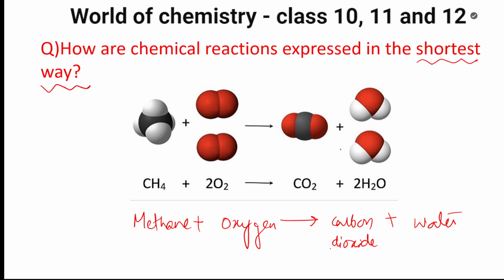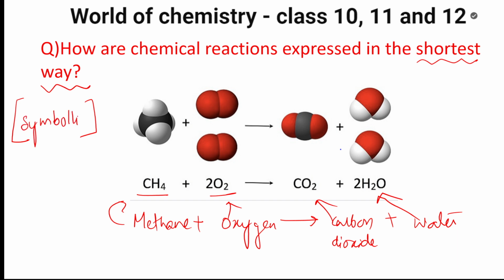The shortest way of representation is symbolically. Symbolically is the shortest method to represent any chemical reaction. Any chemical reaction is denoted by symbols.